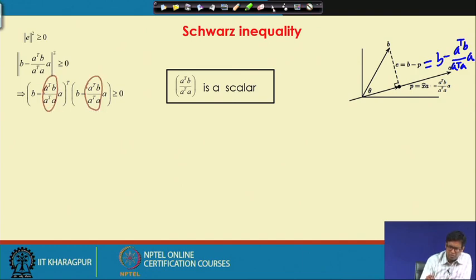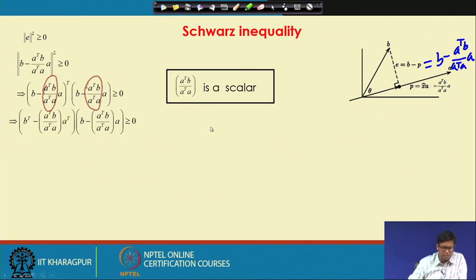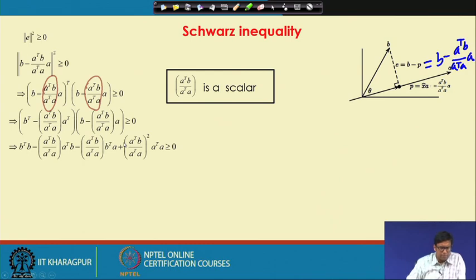So, you can do the multiplication keeping them as scalar multiplication. You write B transpose minus A transpose B by A transpose A into A transpose, times B minus A transpose B by A transpose A into A, greater than or equal to 0. As these are scalars, the transpose is not important here; they remain the same.